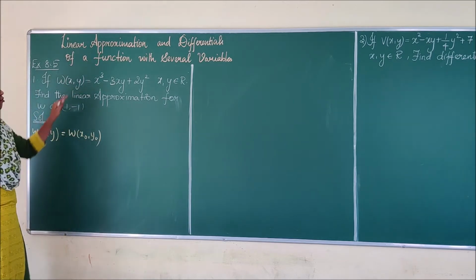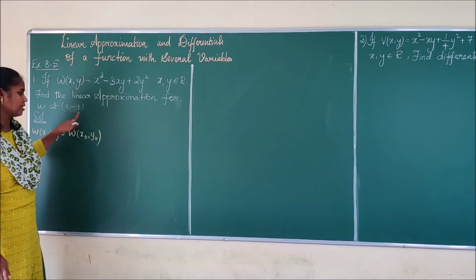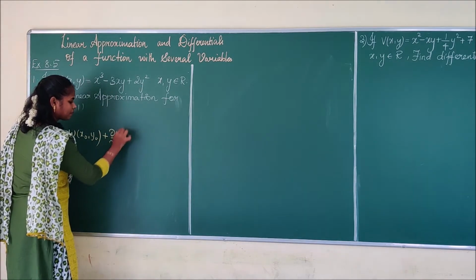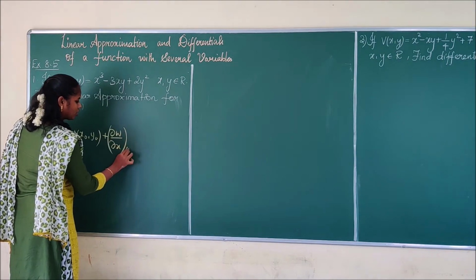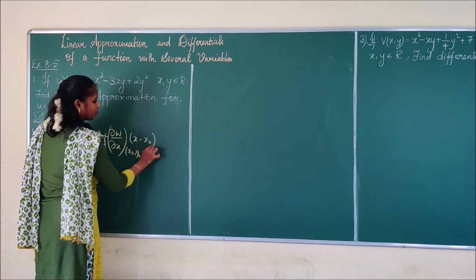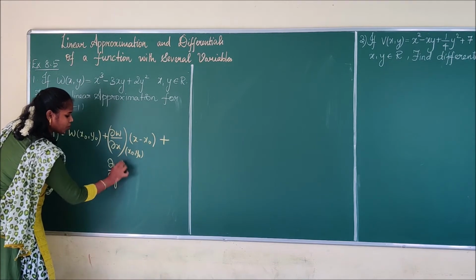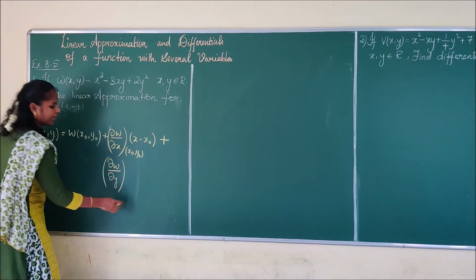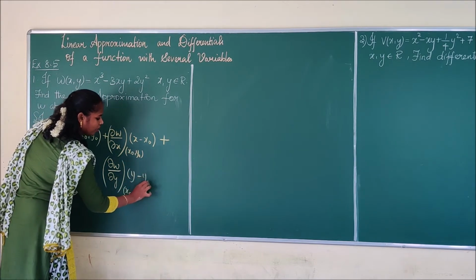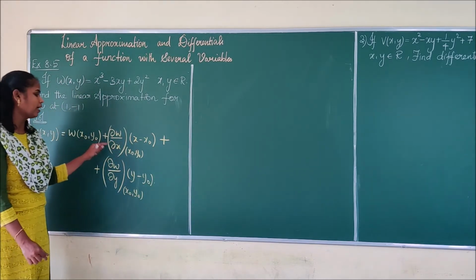So first we have to find this function with respect to the point 1 comma minus 1, plus of dou W by dou x at x naught comma y naught, into x minus x naught, plus of dou W by dou y. That is, we are going to differentiate this W with respect to y at x naught comma y naught into y minus y naught.